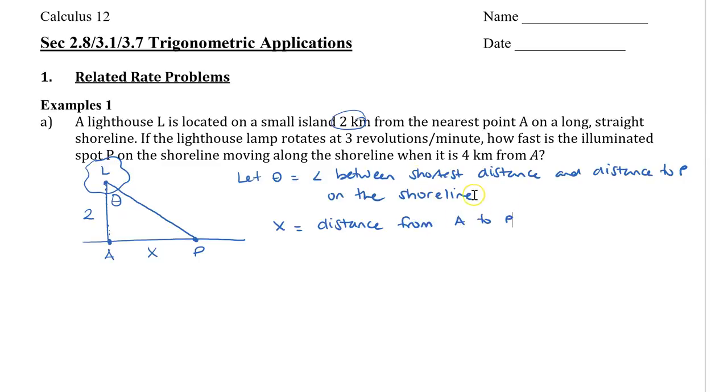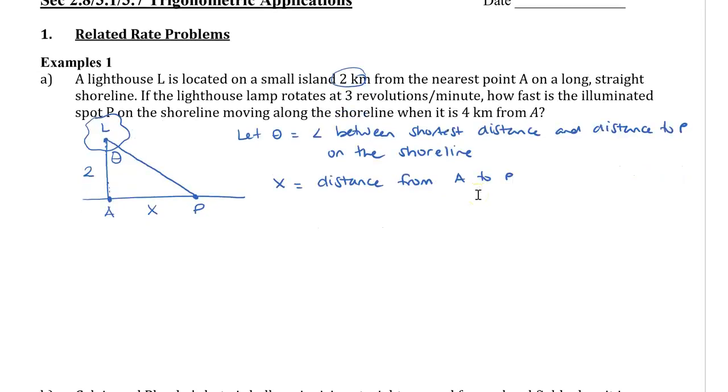Now the other information that we're given is that the lighthouse is rotating at 3 revolutions per minute. So this is why we need the theta. So d theta dt is equal to 3 revolutions per minute. Now we want to change this so that we have a measurement in radians.